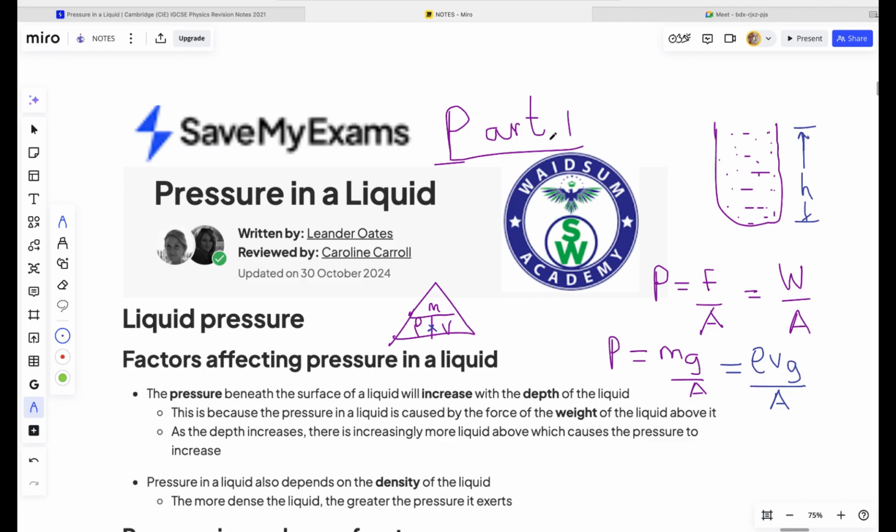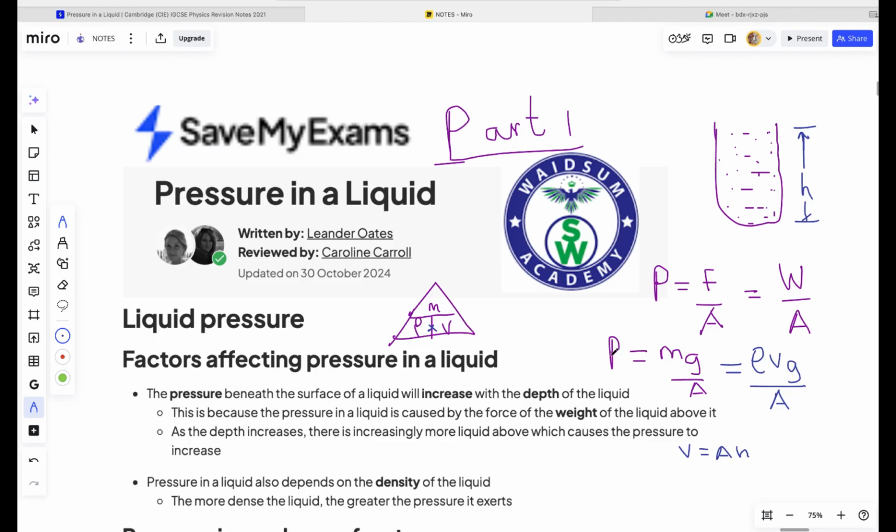The volume is equal to the area multiplied by the height of the liquid. So when you do that, you replace this V with A times H.